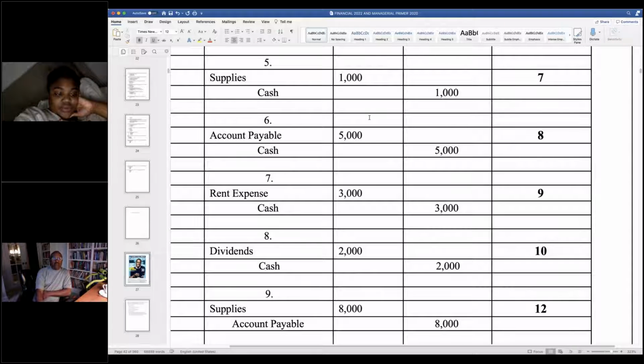We said that we bought $1,000 worth of supplies for cash, and we bought $8,000 worth of supplies on account. We come to the end of the period, and we only have $3,000 in supplies. What is the adjusting entry to record the utilization of the supplies?